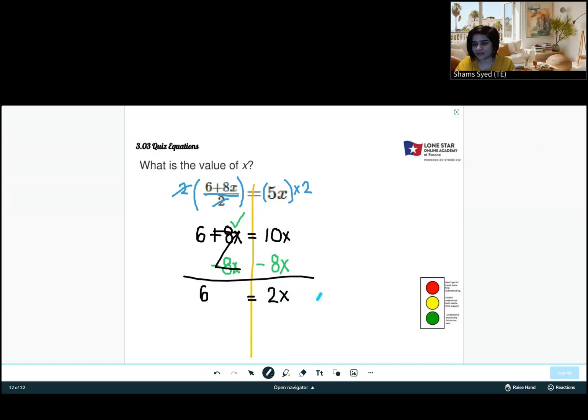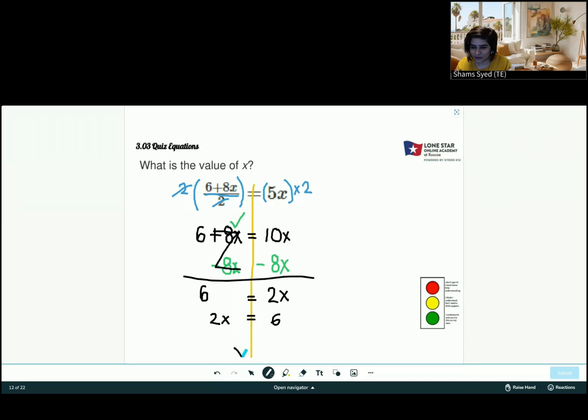Now, some people are okay with 6 equals 2x. There are some other people who will not be okay with that. If you are the one who will not be okay, you can just switch the sides and say, well, 2x equals 6. Both things mean the same. Andromeda, you're right. If 6 equals 2x, 2x also equals 6.